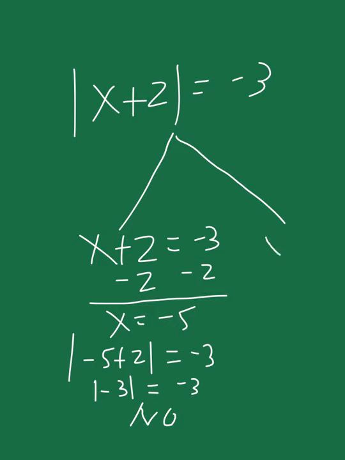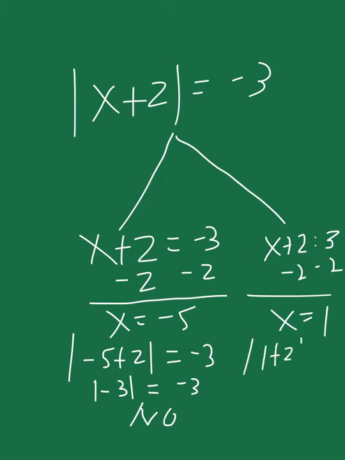Let's try the other one. Does x plus 2 equal +3? Minus 2 from both sides, x equals 1. Does the absolute value of 1 plus 2 equal -3? Does the absolute value of 3 equal -3?